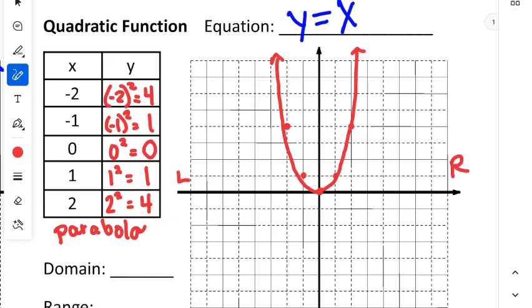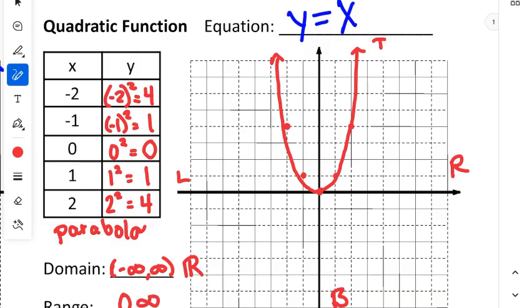Okay, so domain, left and right. Going left, we have an arrow. Going right, we have an arrow. Negative infinity to positive infinity, or all real numbers. Okay, range is bottom to top. 0.